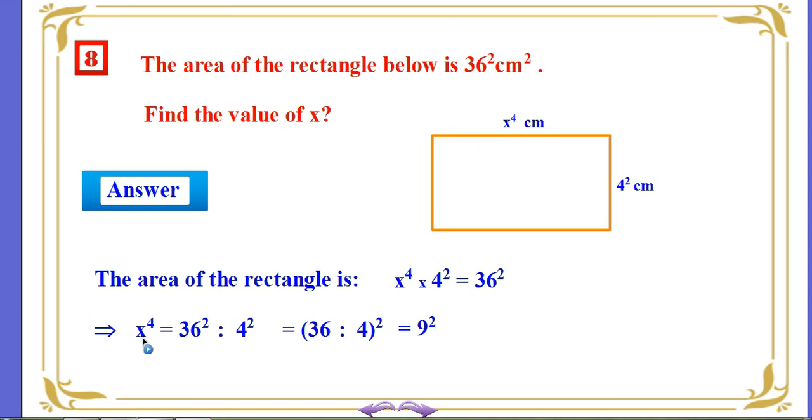But this is 3 to the power 4. Finally, we have x to the power 4 equals 3 to the power 4. Then x is equal to 3. We finish exercise number 8 and move on to exercise number 9.